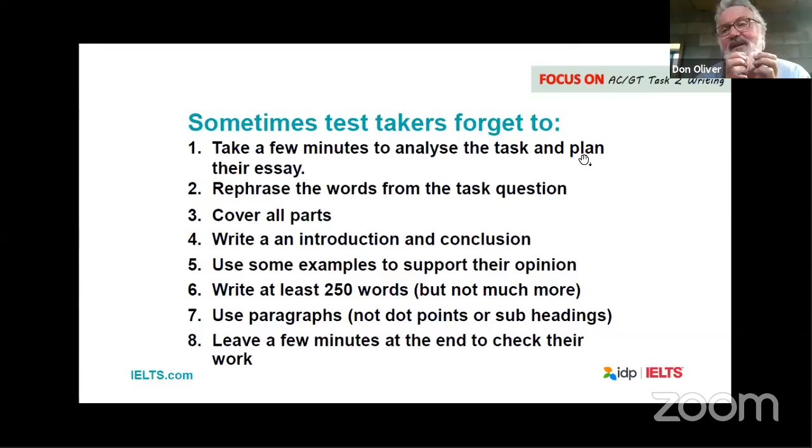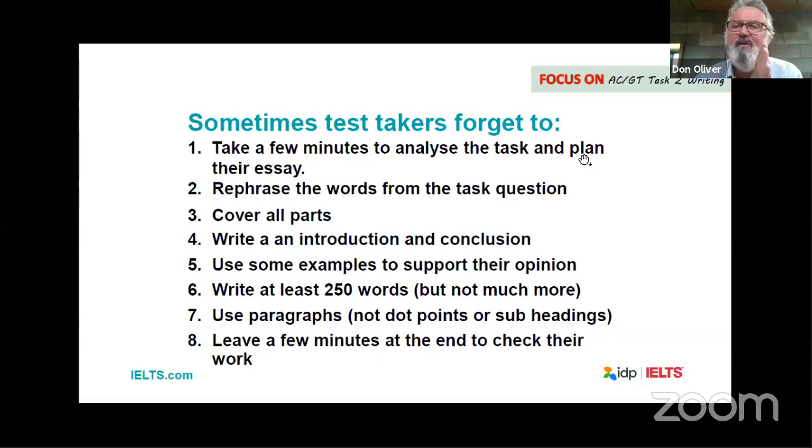They need to spend a couple of minutes understanding how many parts there are in a Task 2 and plan their essay accordingly. You need to be able to rephrase the words that are given to you, and you can practice doing this. Talk to your friends about it. Read more and more and more, and you will understand how to flexibly use vocabulary.